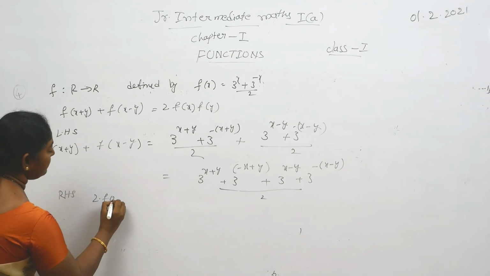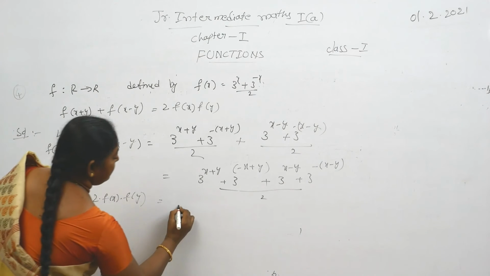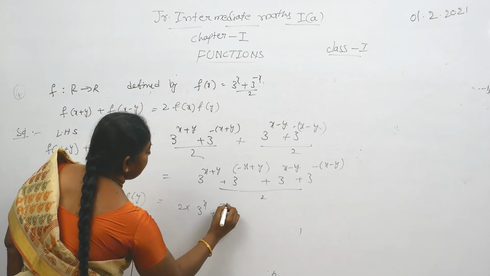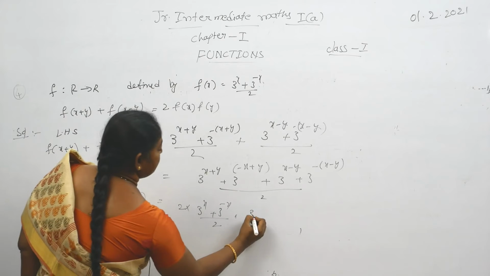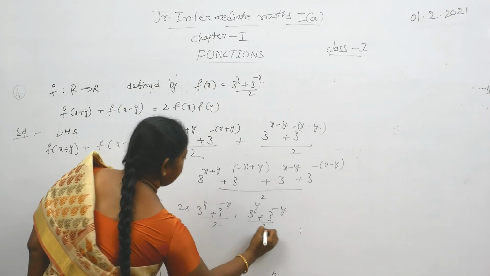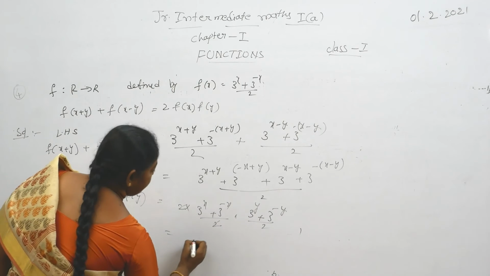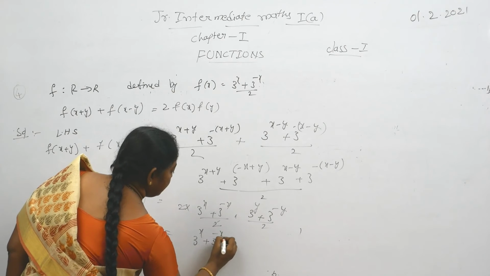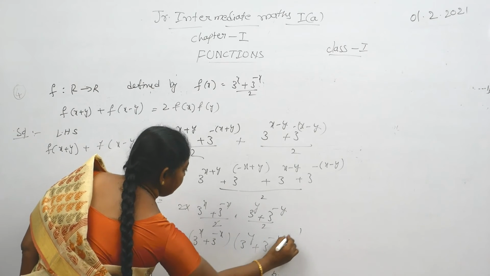2 into f of x into f of y. So here 2 into (3 power x plus 3 power minus x) by 2 into (3 power y plus 3 power minus y) by 2. So the 2 cancels. So (3 power x plus 3 power minus x) into (3 power y plus 3 power minus y).